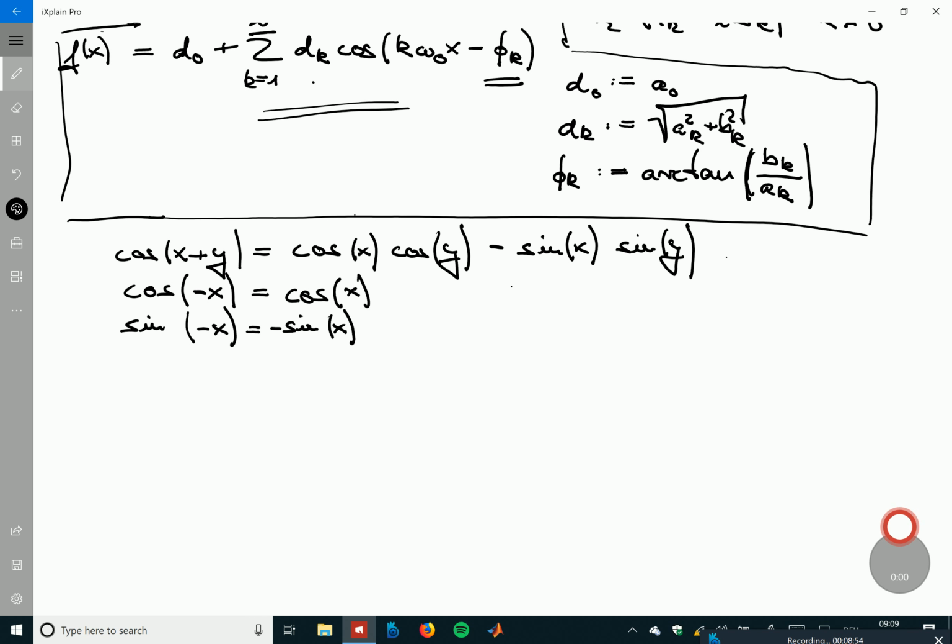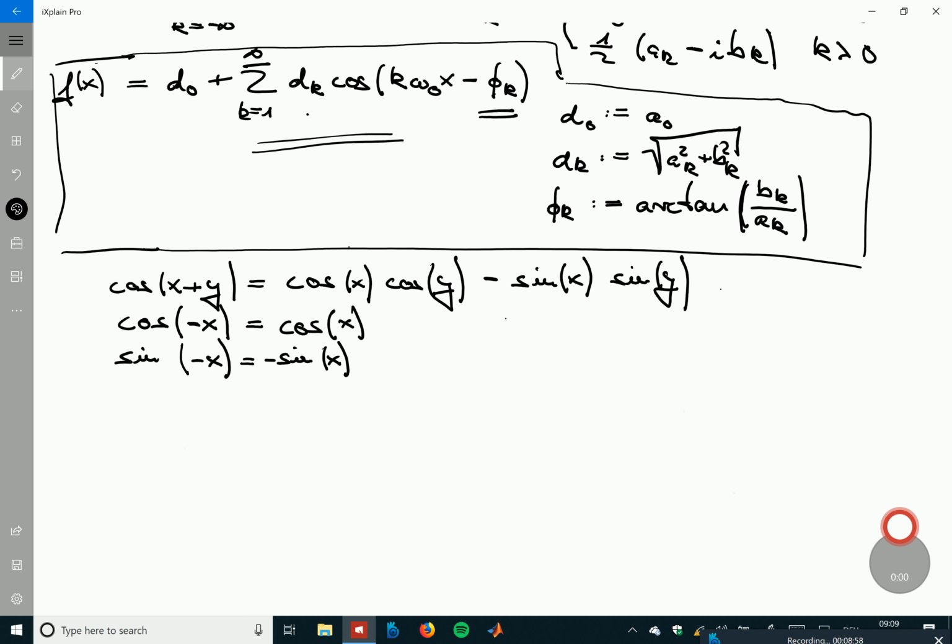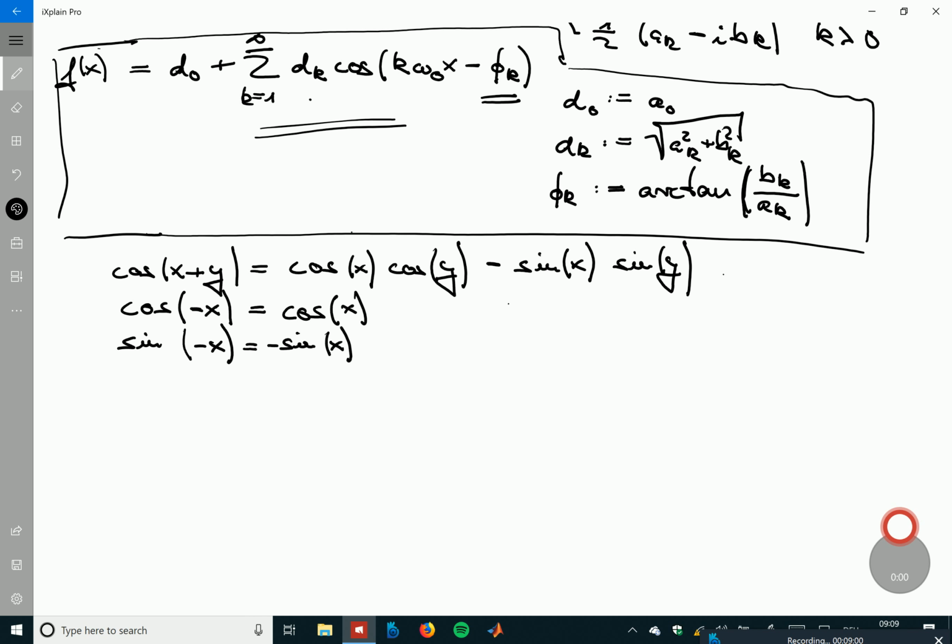And we use them to first expand the polar form of the Fourier series, to then see the equivalence, so basically to see that these equalities or definitions hold.